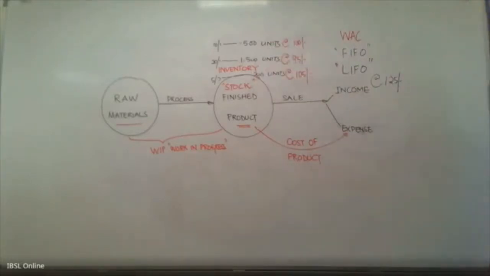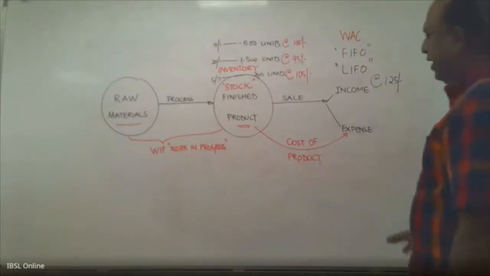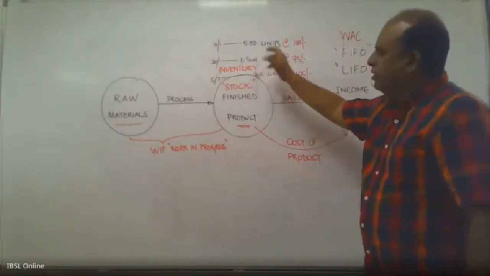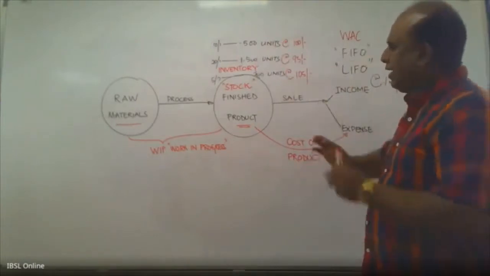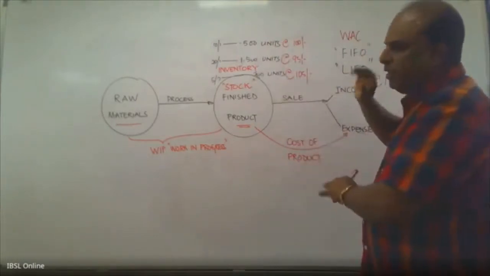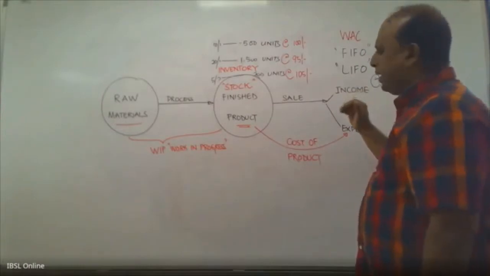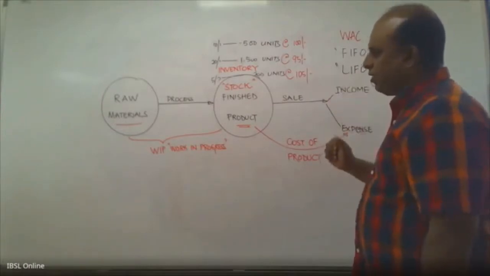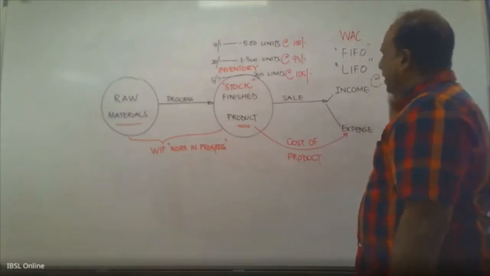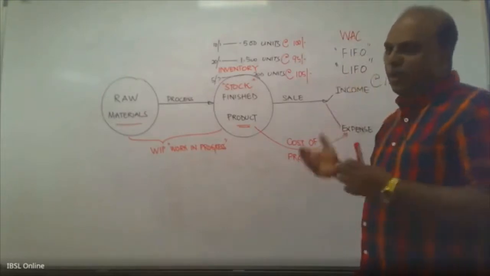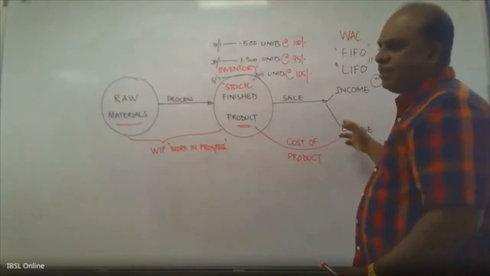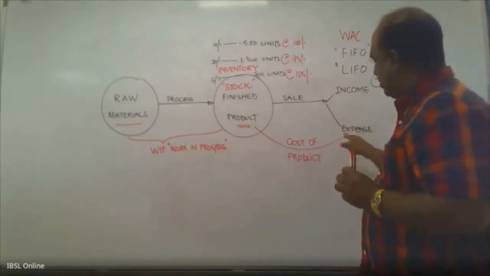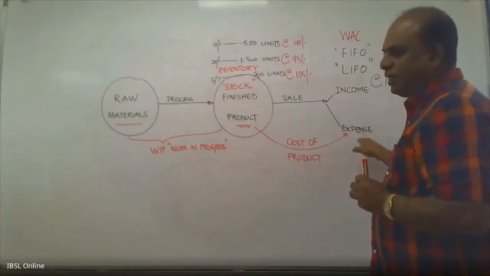Do you understand that? Whenever a buyer comes and says, I want one, I will pick it from there and sell it. Now, when I pick it from there and sell it, what is the thing I need to know? The expense that I am going to reckon.